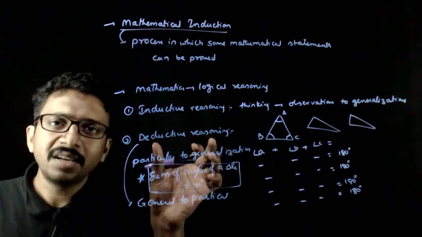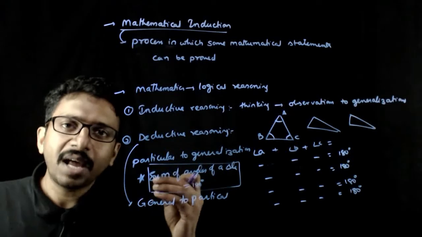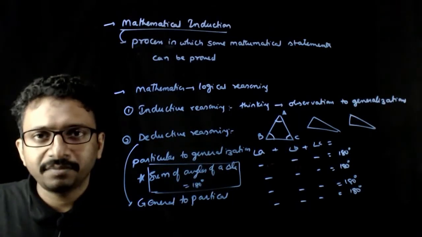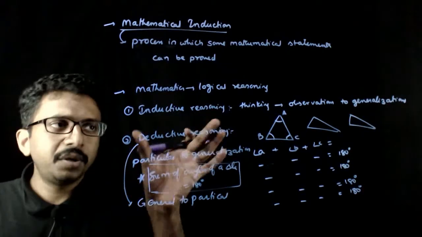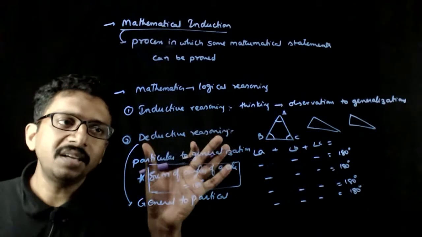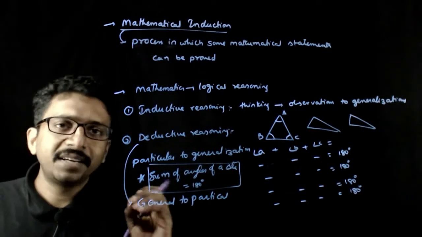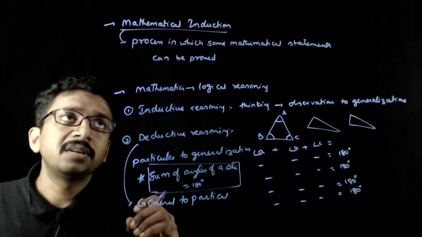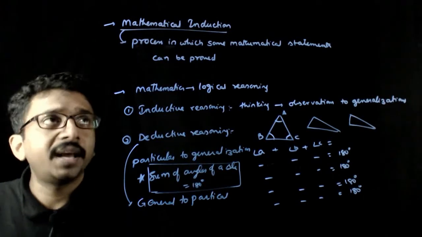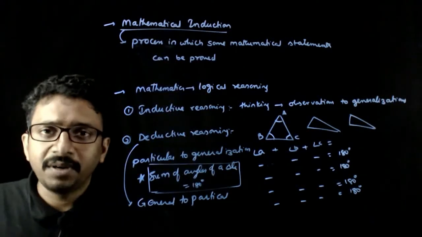It starts from very basic axioms, and step by step we try to prove a general statement. So you have two types of reasoning in mathematics, inductive and deductive. In this chapter, we'll learn a technique which can be used to prove some mathematical statements. And let us see the theorem of mathematical induction.